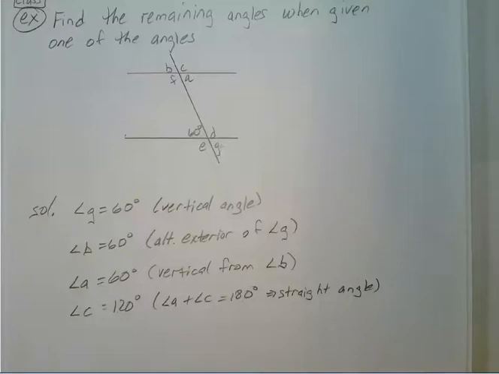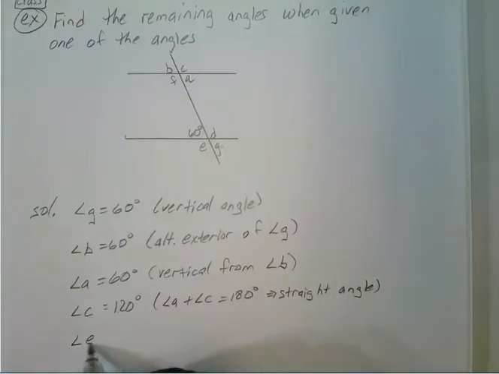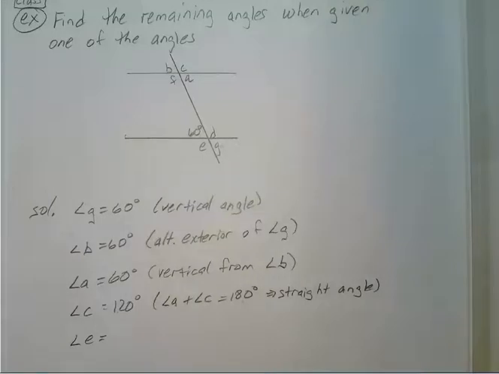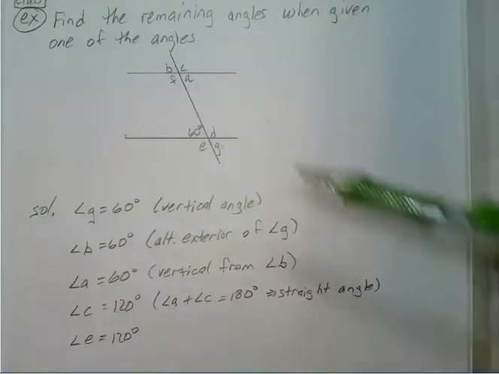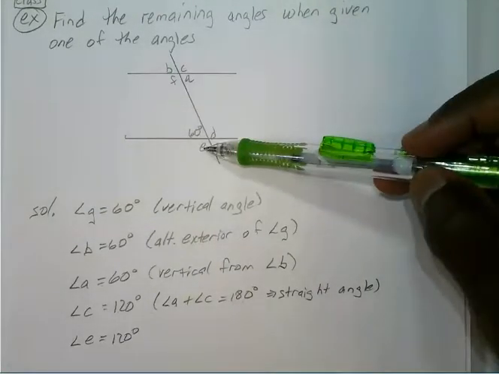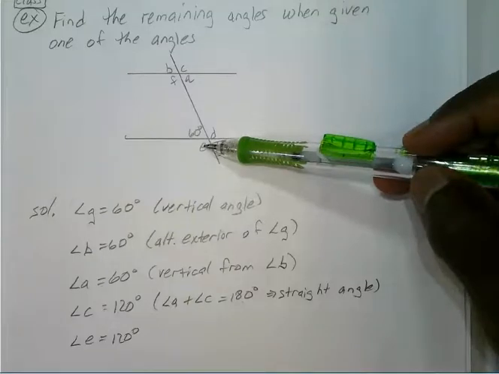Which one should we do next? Let's say angle E. We know that angle E is 120 degrees. How? Angle C and angle E are alternate exterior angles.